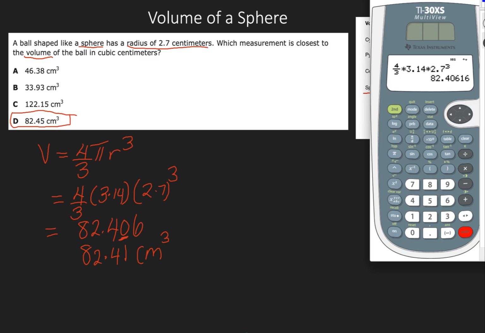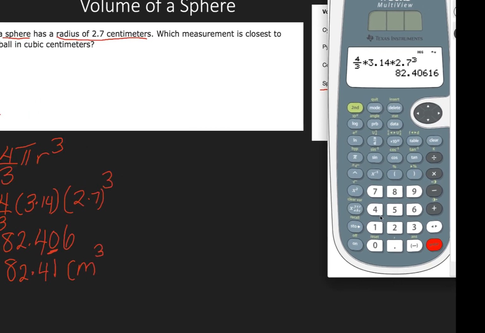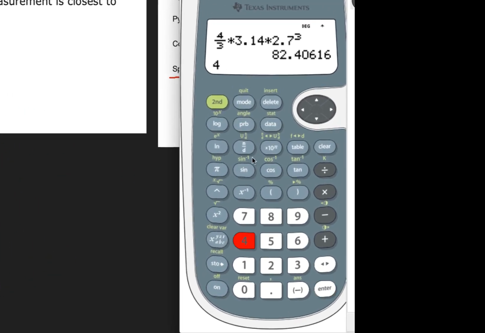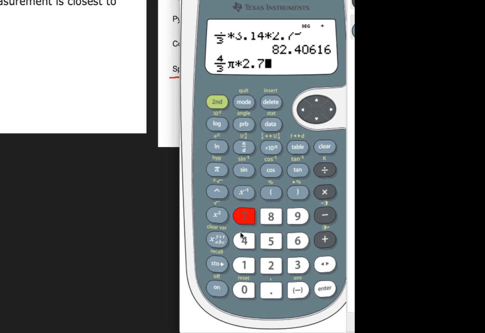Now I know there's some folks out there that when they are using their calculator, they like to use the function pi. If that is you, same thing. You enter 4, n over d, then your 3, go to the right, then press your pi, and then you can times, you don't need to put a times there, 2.7.